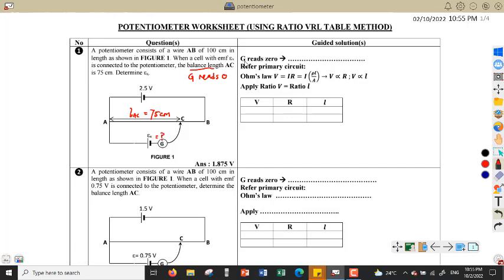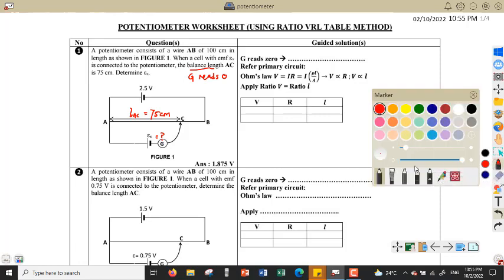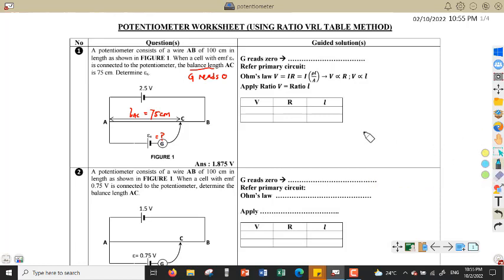So we know that from the working principle of the potentiometer, when G reaches 0, for sure the EMF of the battery, EX, will be equal to the voltage across the balance length AC.